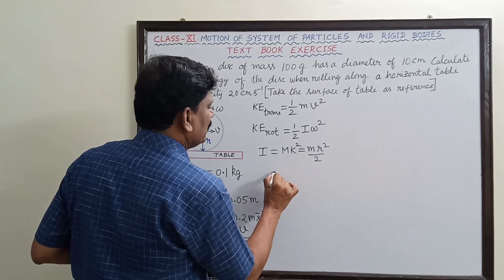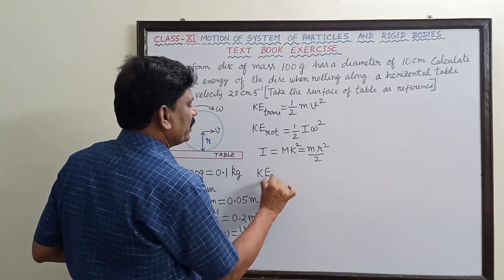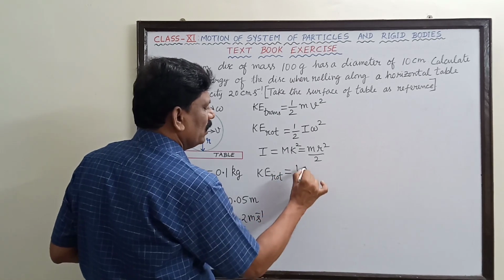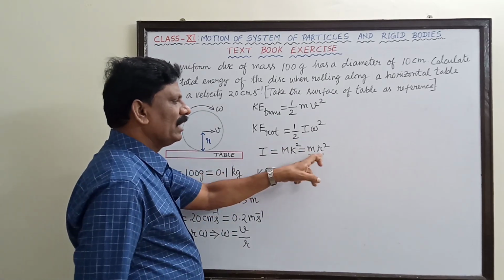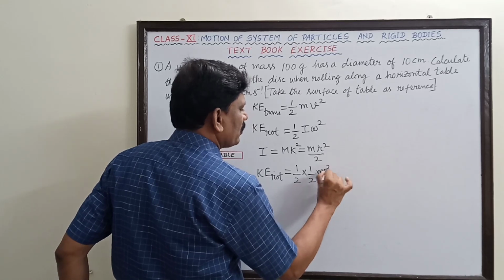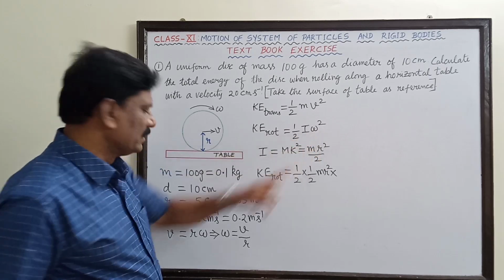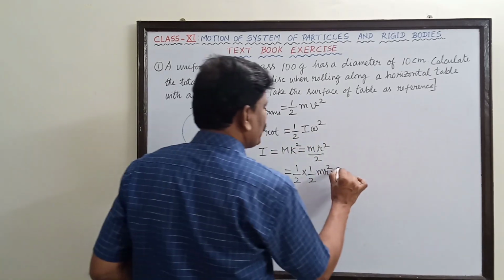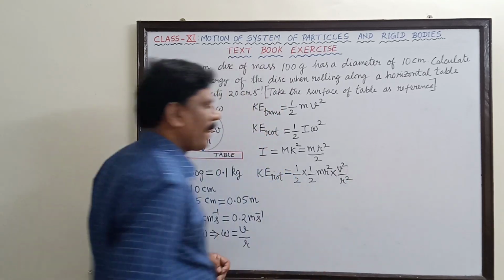Therefore, the kinetic energy due to rotational motion is equal to 1 by 2 into, instead of I, I can substitute half m r square, into omega square. Omega is v by r, so this will become v square by r square.